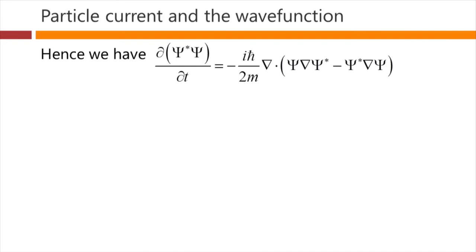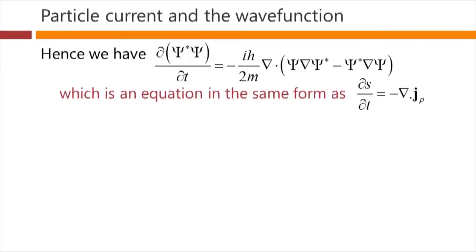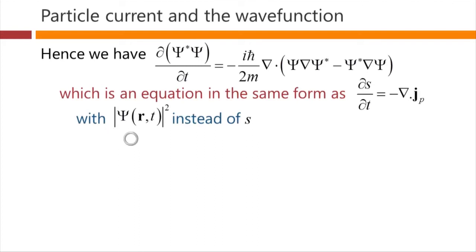So our equation is now turned into the following one. And this is looking very interesting now because we've got a divergence over on the right here, and this is the rate of change of the modulus squared of the wave function. And this is an equation in the same form as the one that we were looking for, with the modulus squared of the wave function instead of s, as desired.